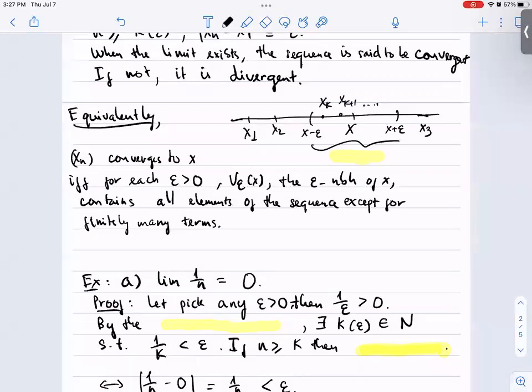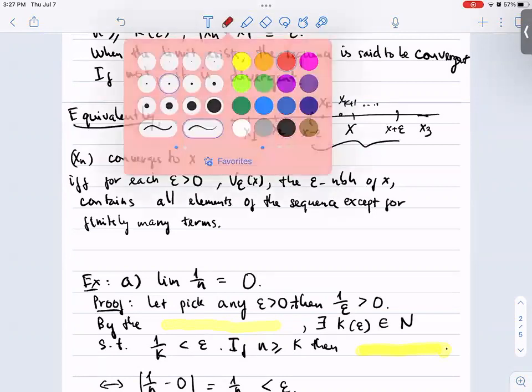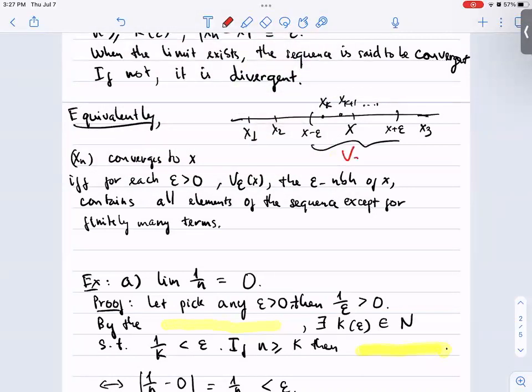So let's visualize the sequence as a list of numbers on the real line. Then for any number epsilon, you can construct an epsilon neighborhood around this point x. So here, this is exactly the epsilon neighborhood around this point x.